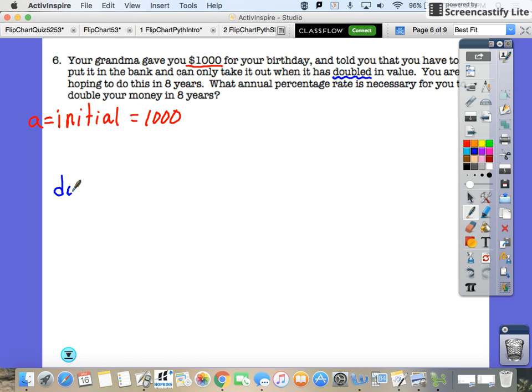So doubled means $2,000 is when you can take it out. The next thing that we need to pay attention to is that you want it done in 8 years. So we're looking at 8 years.